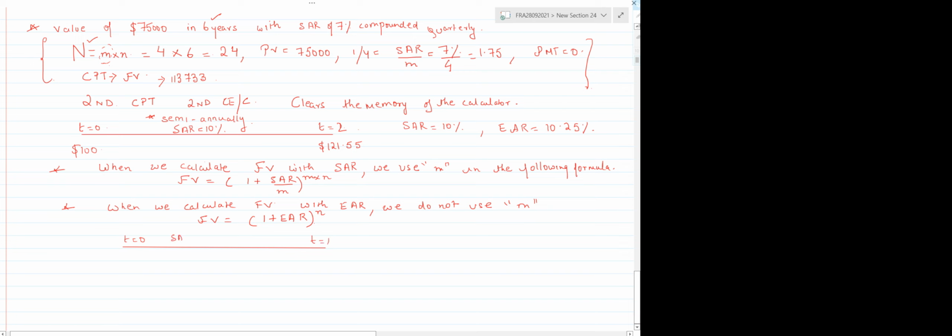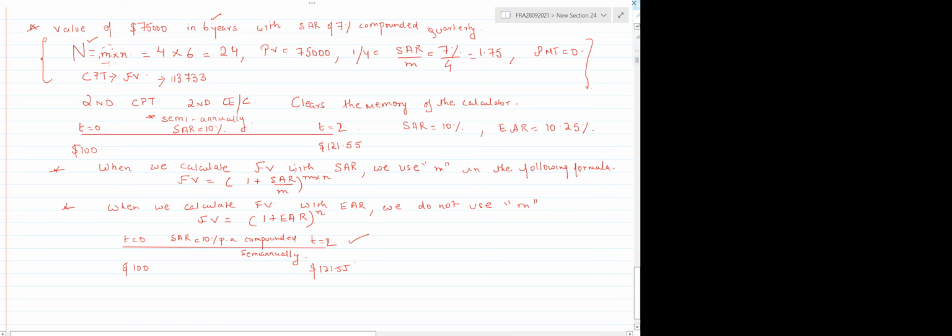SAR is equal to 10% per annum compounded semi-annually. Dollars 100 becomes 121.55 dollars in 2 years, right?